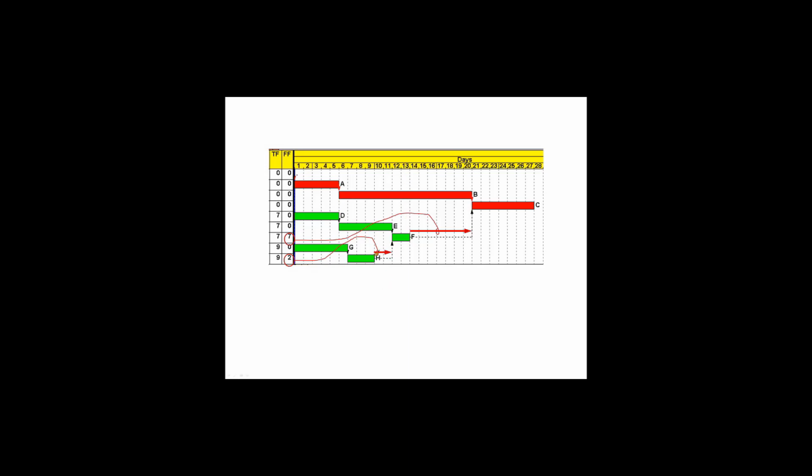And if E slips at all, it's going to impact the resources on its successor. Maybe the resources on this successor, whether it's labor or equipment, are specifically planned on these 2 days, 12 and 13. And if that is impacted, it may have an impact on what these resources were going to do further down. Let me put it into dollars and cents.